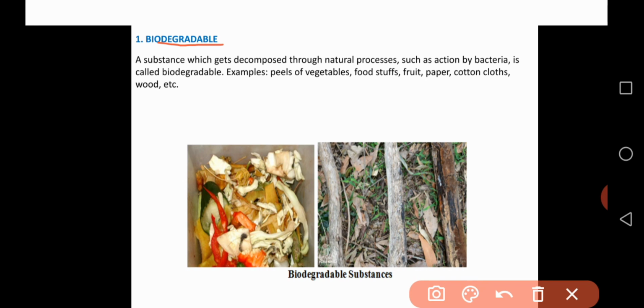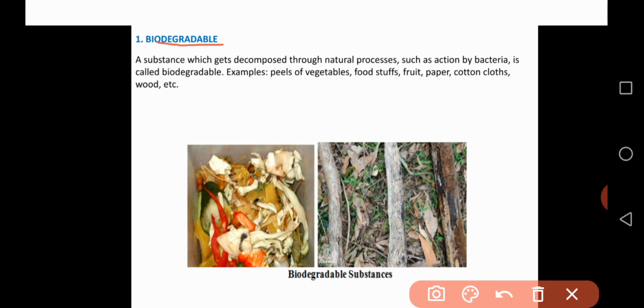A substance which gets decomposed by microorganisms through natural processes, such as the action of bacteria, is called biodegradable. These substances are converted into harmless products, and they do not cause any damage to the environment.